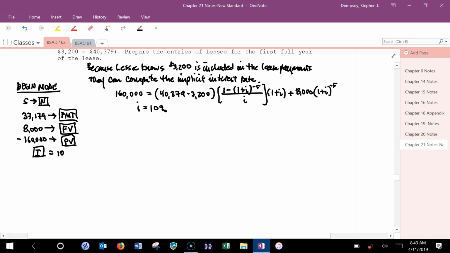So the present value of the lease payments to the lessee is as follows.